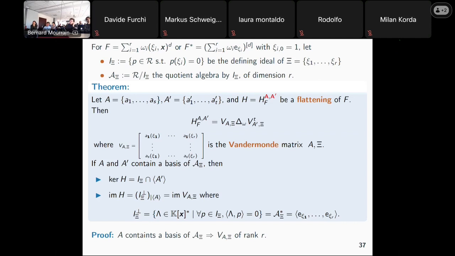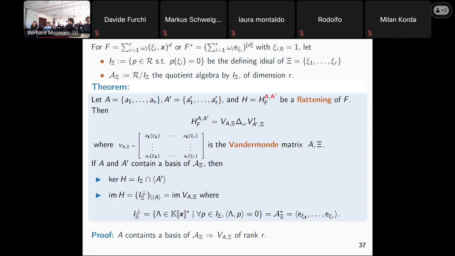So the orthogonal are linear functionals restricted on the space A. We take the restriction of these linear functionals on this space spanned by A. And it's also the image of the Vandermonde, so up to operation on the rows, on the columns of H, we can transform this matrix H into the matrix V.